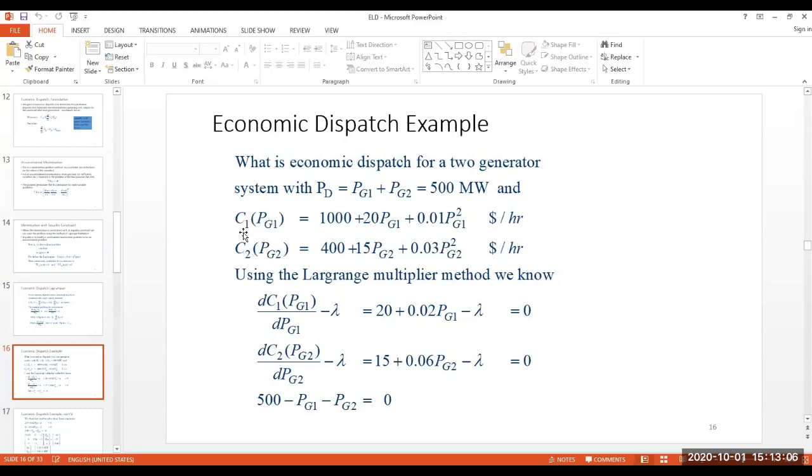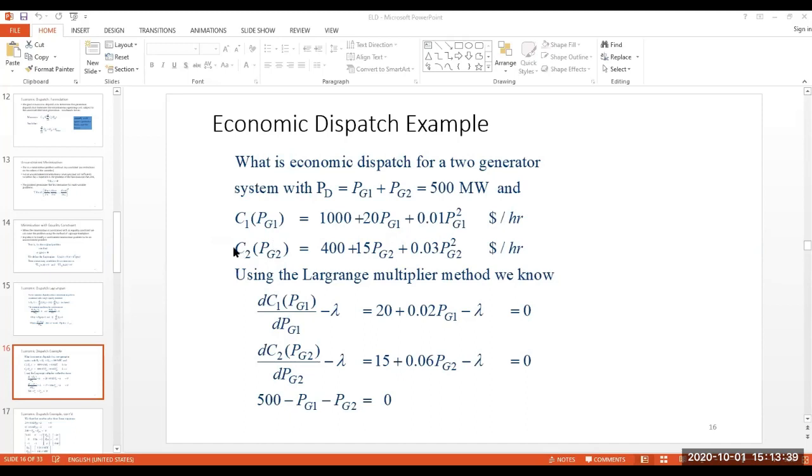So you can say C1 is purely a function of x1, considering this is my variable x1 and this is my variable x2. If I take the partial derivative del C1 over del PG1, what will be left is simply some function of x1. There is no x2. Clear?